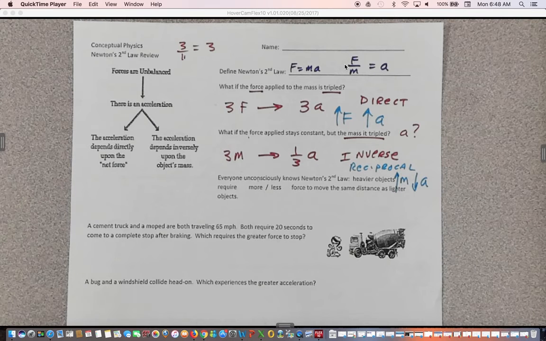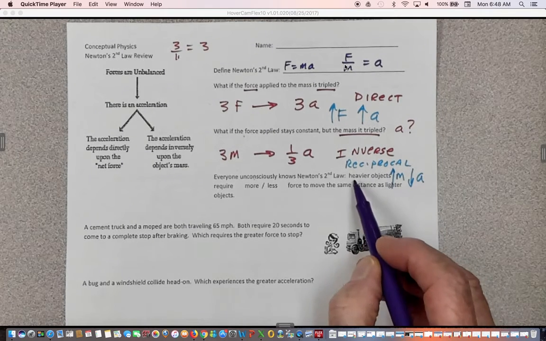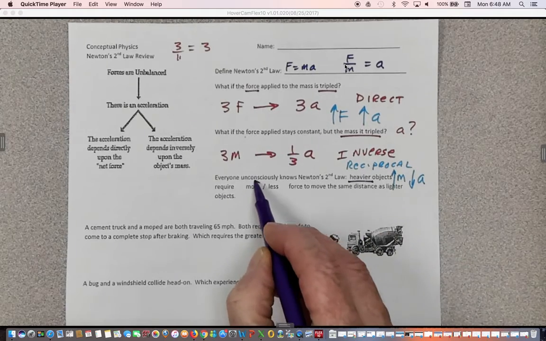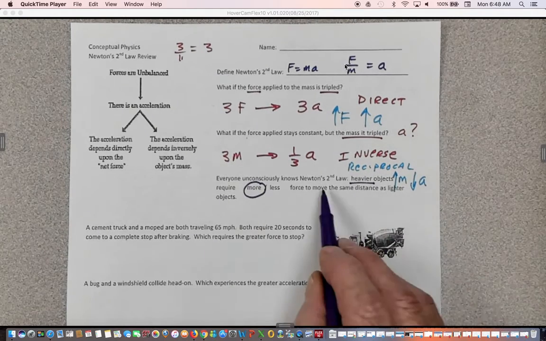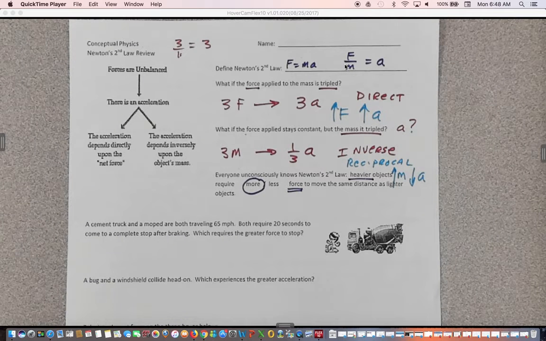Moving right along, giving you a second. If you're a heavy object, you're going to require always more force. It's got to get you going. You have more mass, it's harder to push you.